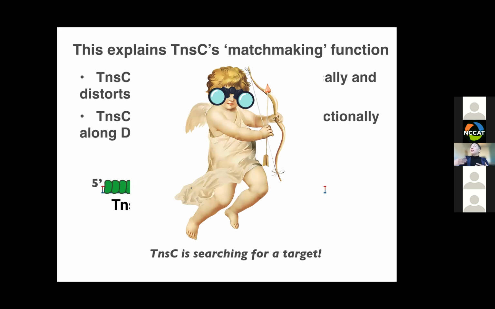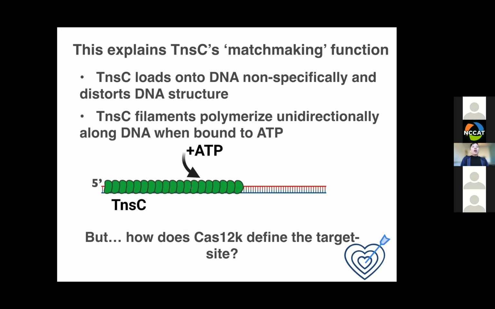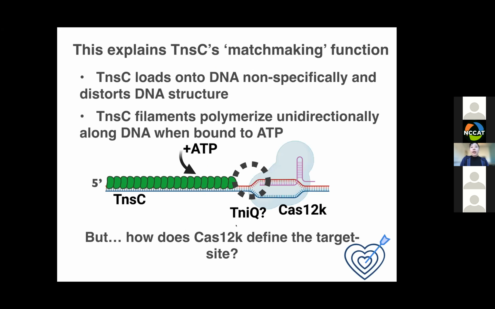But as you know, this is not the end of the story. In fact, it's only the beginning, because how does this Cupid protein, this matchmaker, find its target? We wanted to know next how the landmark Cas12 defines the target site. Remember I told you there's a whole number of different components here.